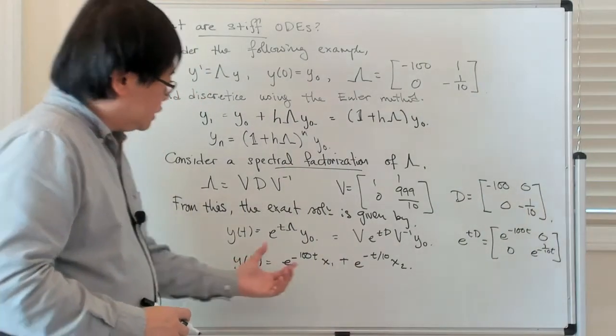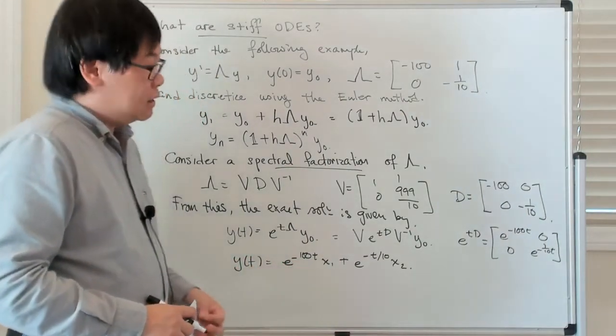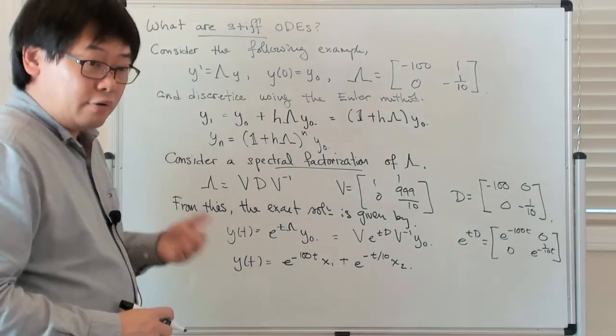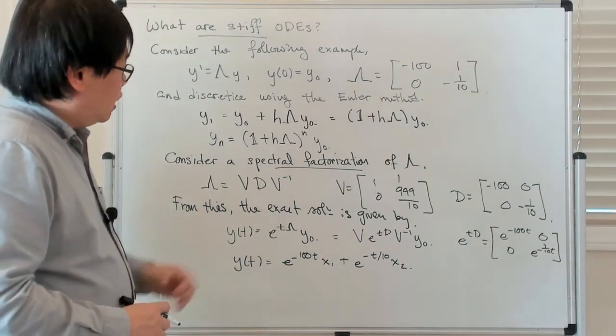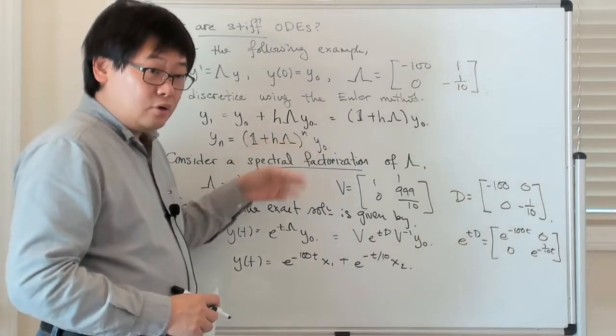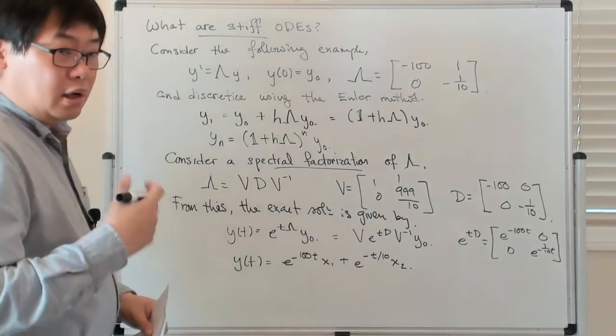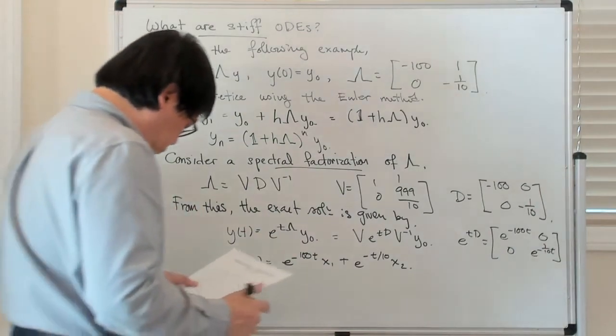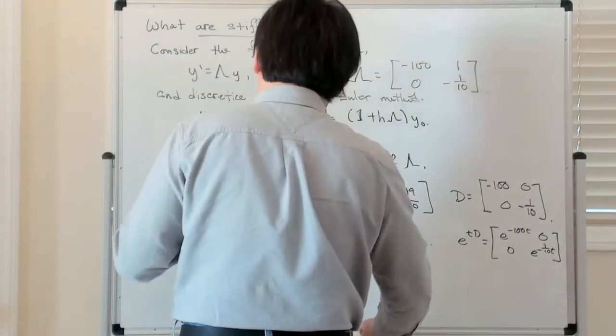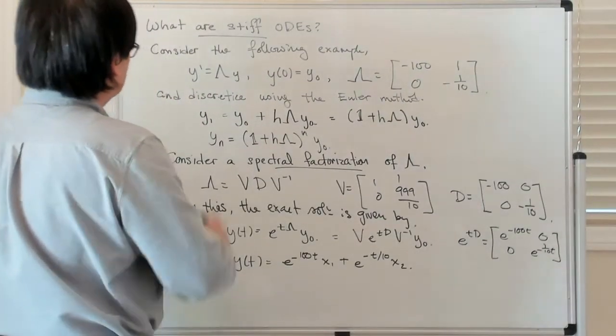The presence of this much faster decaying term is going to end up imposing a very strong constraint on how large a time step you can take using the Euler method while still getting a reasonable numerical solution. So let's see what happens to the discretization.